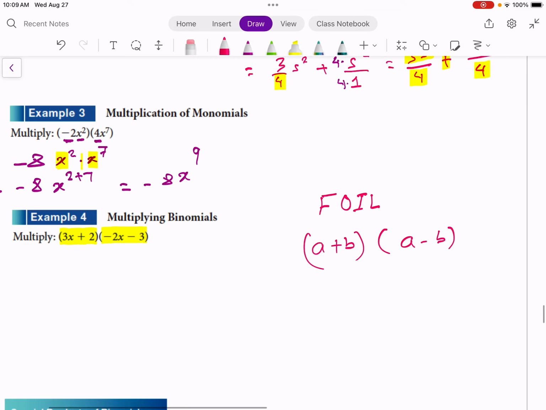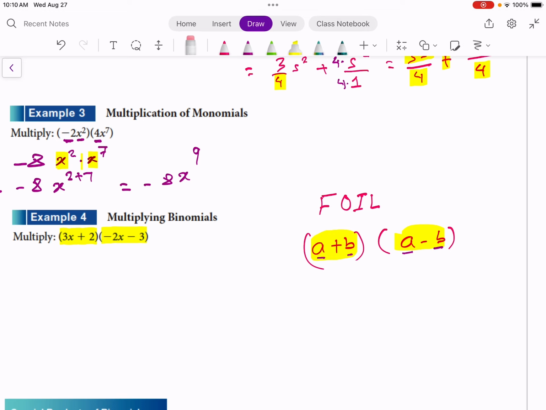What kind of polynomial is this? Is it a monomial, binomial, or trinomial? Binomial, because we have two terms. We have a and we have b, two terms. In a similar way, we have a minus b. This is also a binomial because we have two terms, the first term a, and the second term b.